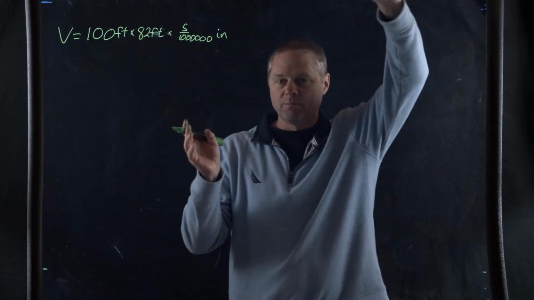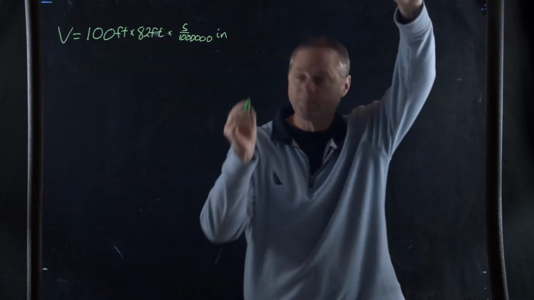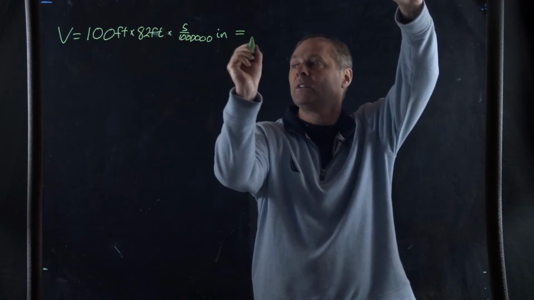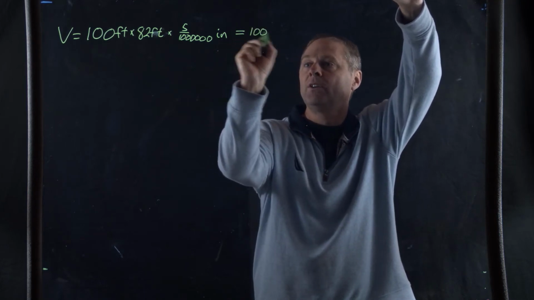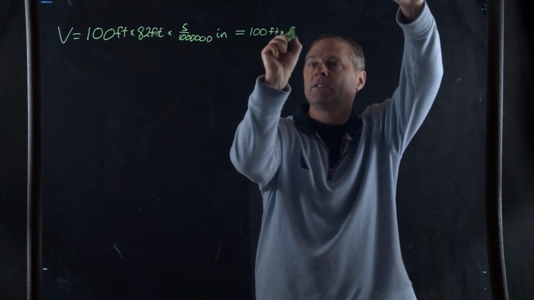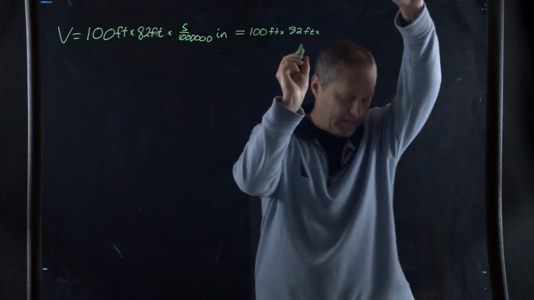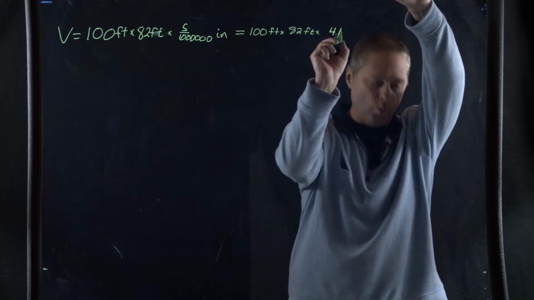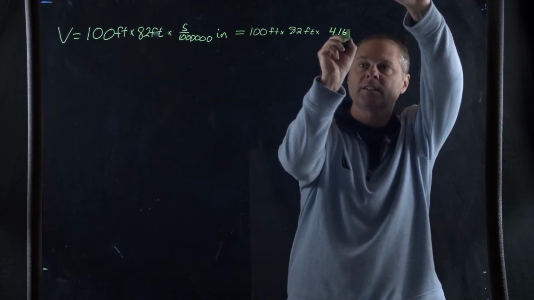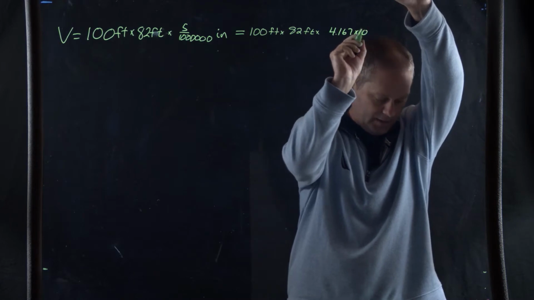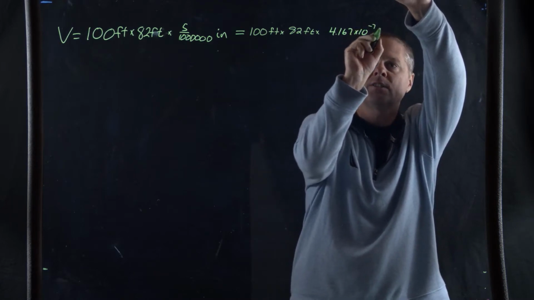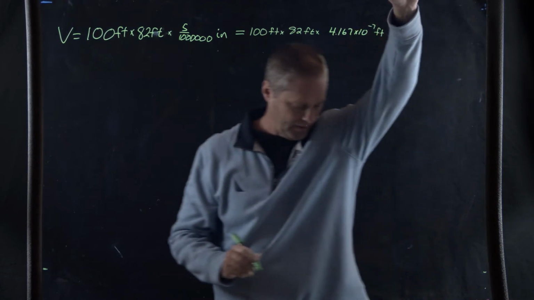That's pretty easy. Just divide by 12. And so our dimensions now are going to be 100 feet times 82 feet by, this becomes 4.167 times 10 to the negative 7th of a foot.